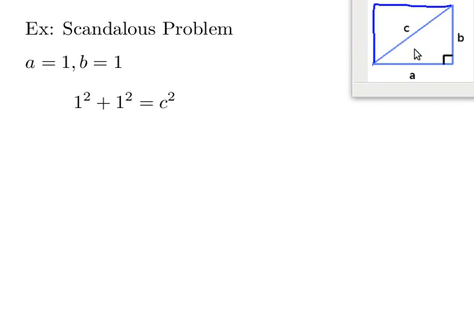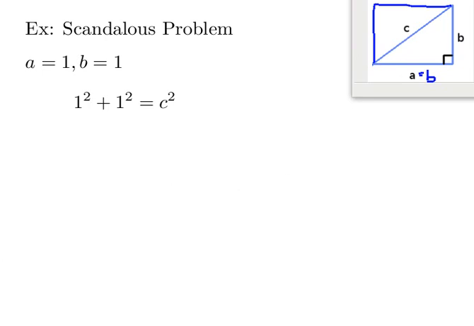This is a square of side length A. In this case, A equals B. It doesn't look exactly like that here because I didn't draw a perfect square, but let's pretend that it is. So A equals B, so we have 1 squared plus 1 squared equals C squared. So we're finding the length of the diagonal of this square.